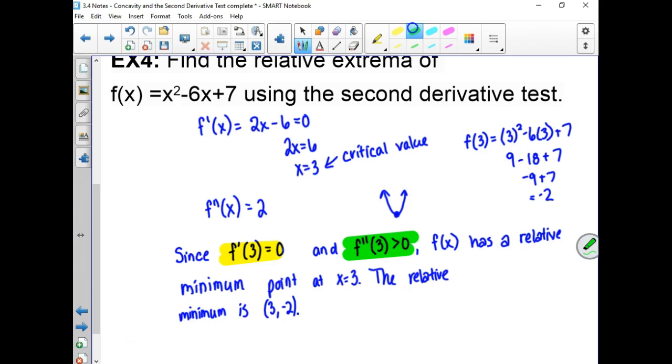If you want, you can add in here, which means f of x is concave up. Sometimes I do that because it helps my thought process of understanding why it's a minimum, but that would be optional. Okay, questions?